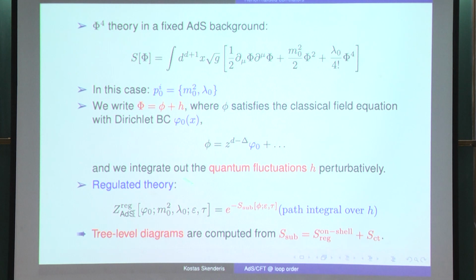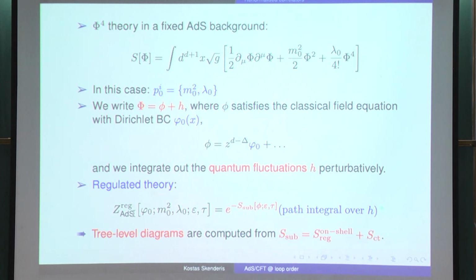So this expression here has 2 parts. It has a tree-level part, which captures the tree-level diagrams. This is the part we have been discussing earlier. This tree-level part contains the regulated on-shell action and the counterterms we discussed earlier.